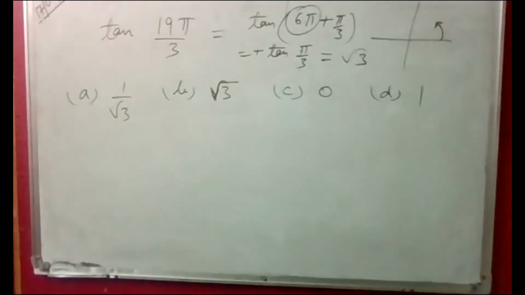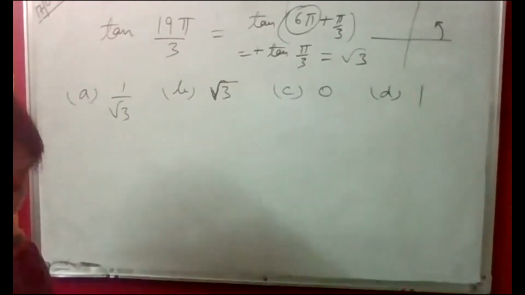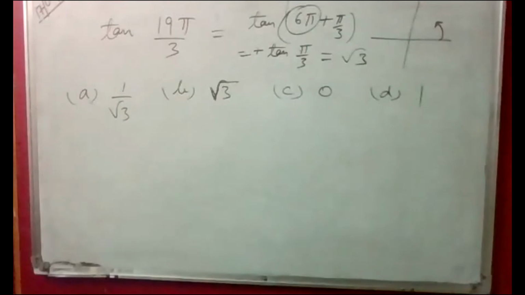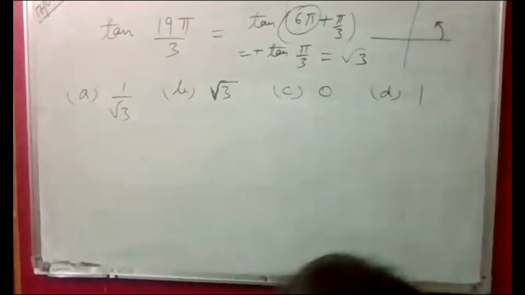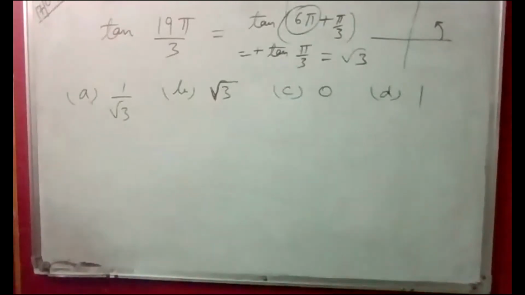You have to remember the values of the trigonometric functions. So this is how you have to solve these questions. These types of questions come in MCQs, very short questions, and some calculation is also there. If the concept is clear to you, you can do these questions very easily.